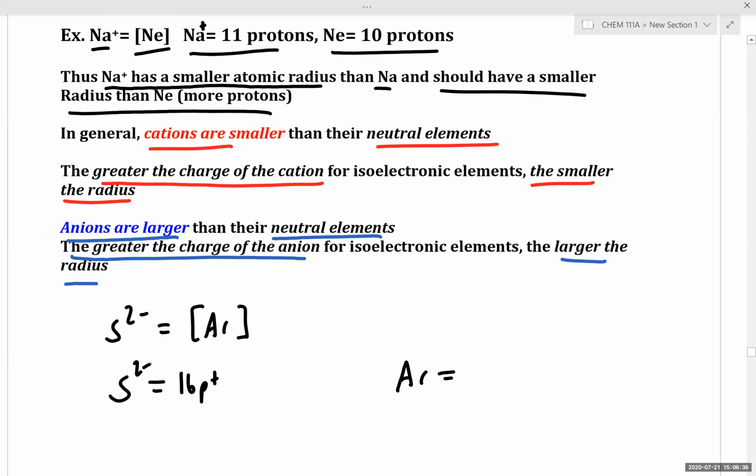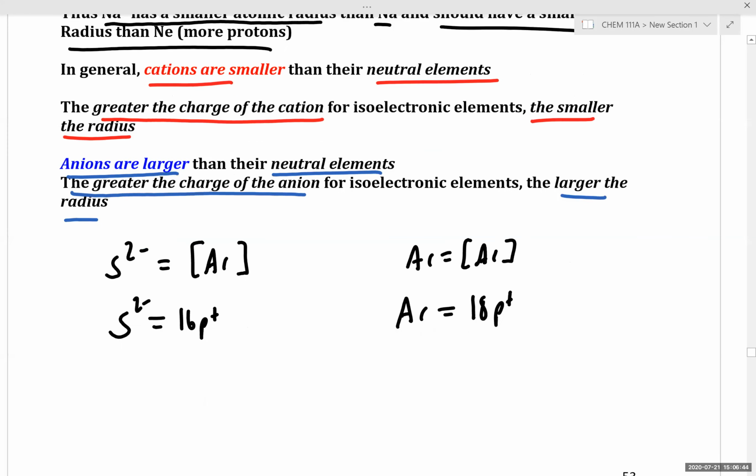So S2 minus would also have 16 protons, and argon has 18 protons. Now, because argon has more protons, argon is smaller, and as a result, sulfur conversely is larger, as the electrons present in sulfur experience a weaker nuclear attraction, they experience greater repulsions, and our atomic radius expands.